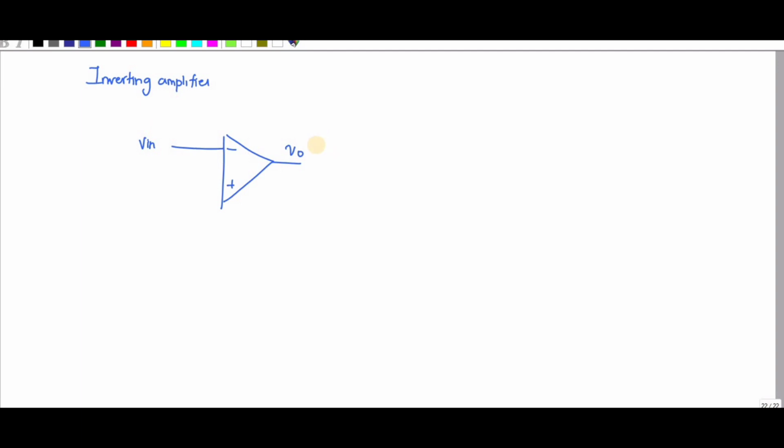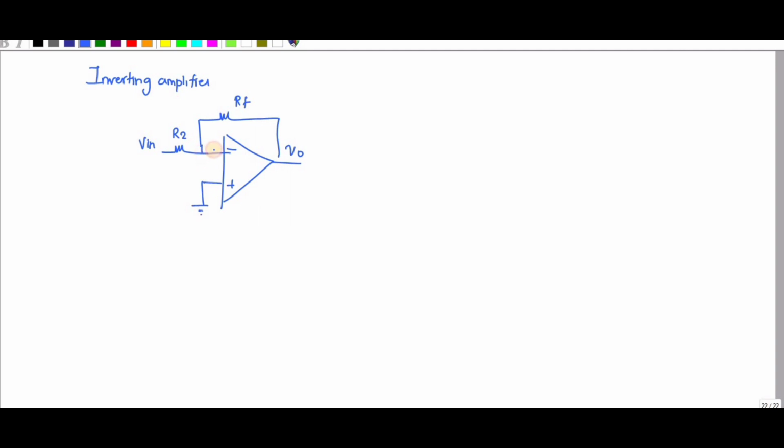And let me assume I have given the resistor value RF. This is your RF, the feedback resistance, and this is your R2, and here we have employed a negative feedback, as you can see.